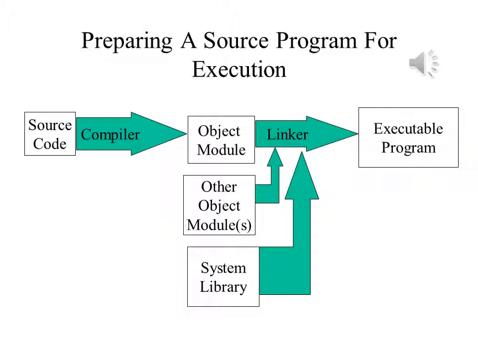The process of combining all these modules into an executable module, a program that can actually run on the computer, is called linking. This also involves resolving any address information that has not been determined already.